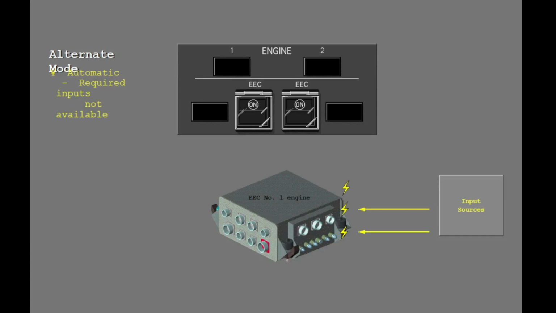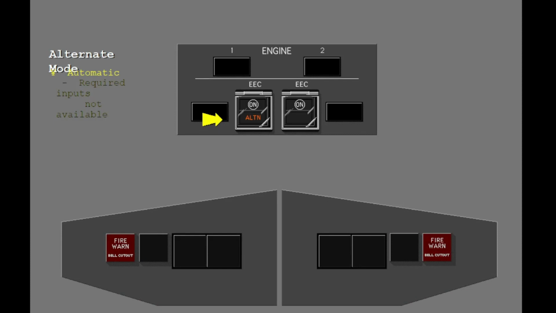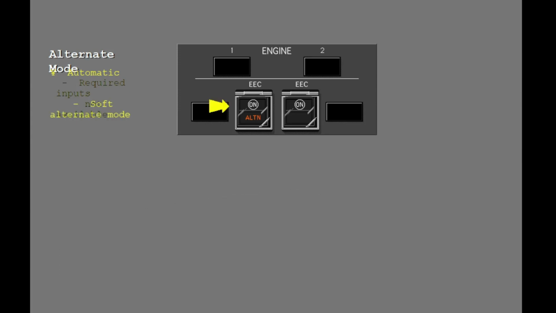In this example, an input to the number 1 engine EEC is gone. The alternate light, the engine system annunciator, and master caution lights illuminate. This mode is the soft alternate mode because the EEC switch stays in the on position and the alternate light has illuminated.